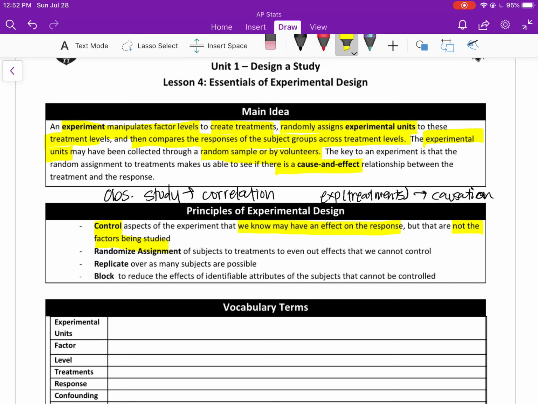Meaning you try to control the things that are going to affect it, but you're not changing these controls so that they're treatments for the experimental units. Then there is random assignment of the subjects to treatments to even out effects that we cannot control.